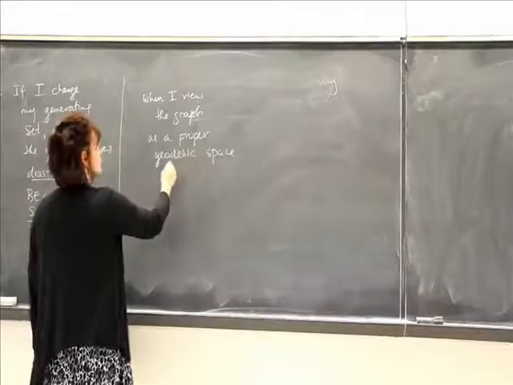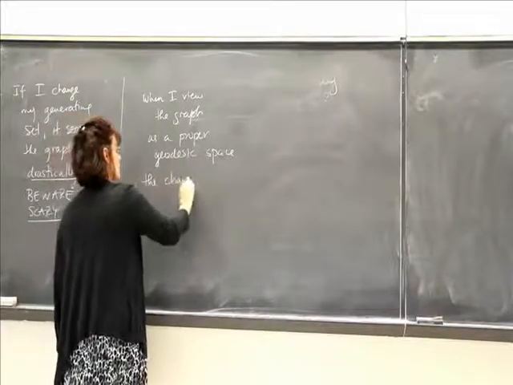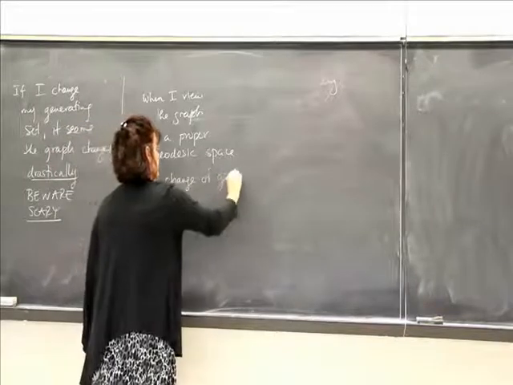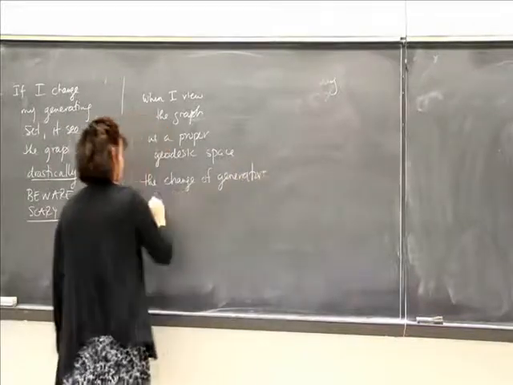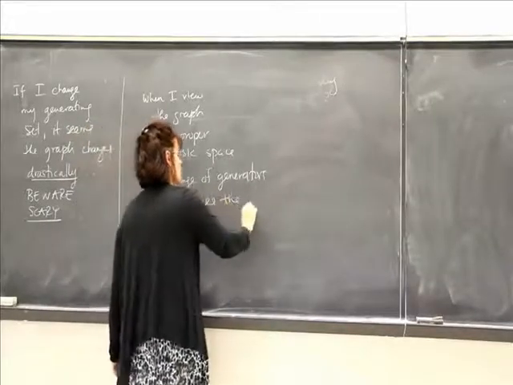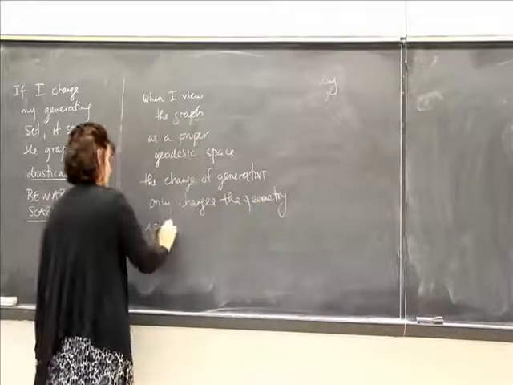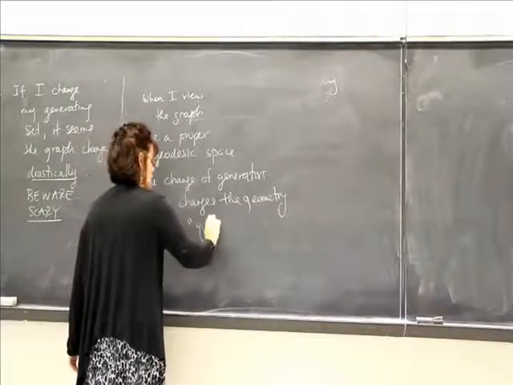So when I view the graph as a proper geodesic metric space, the change of generators only changes the geometry up to what's called quasi-isometry.